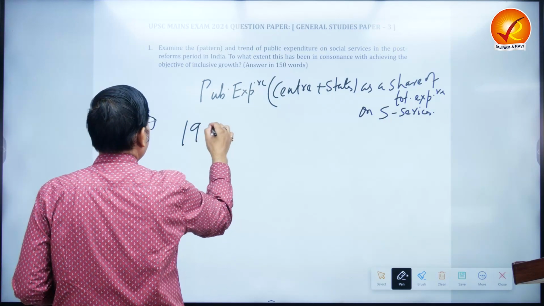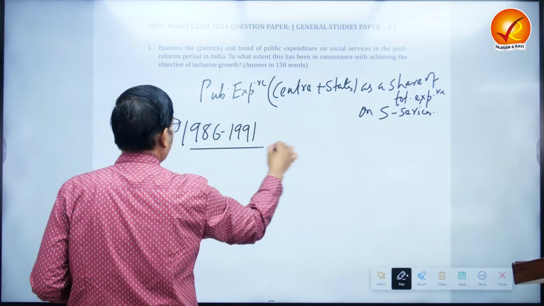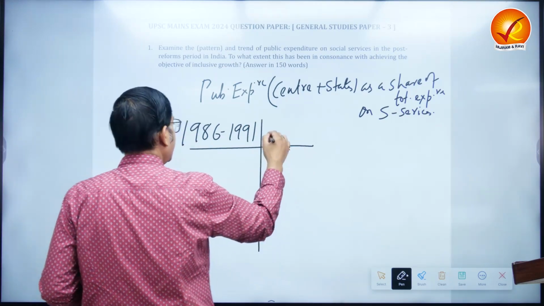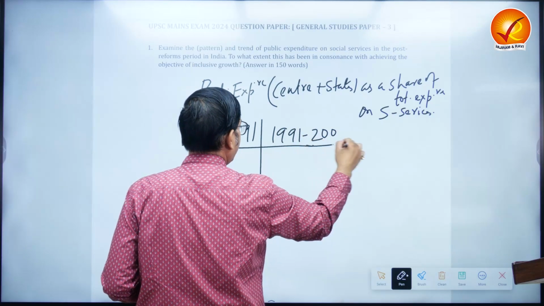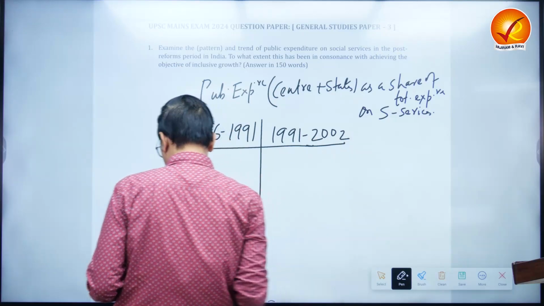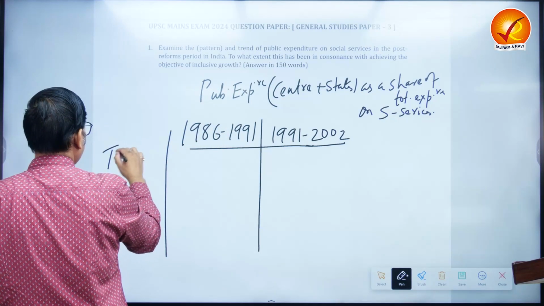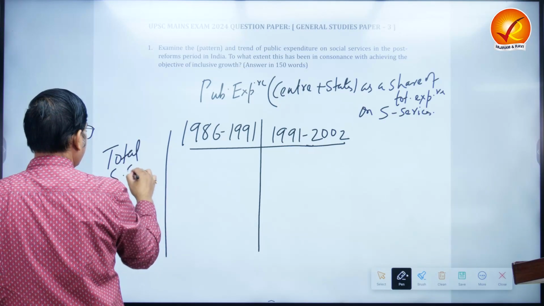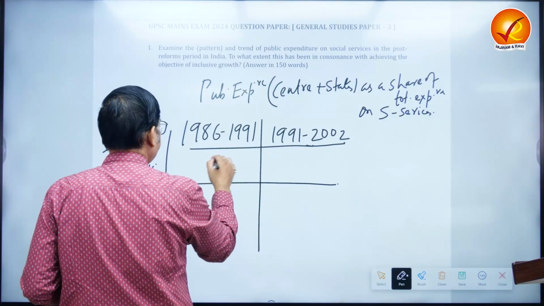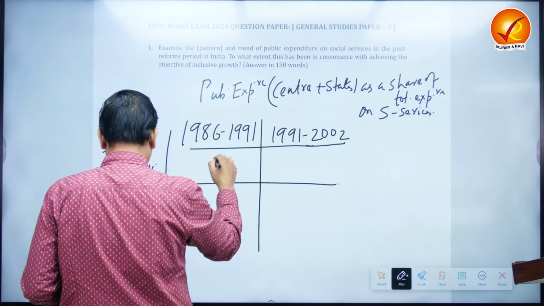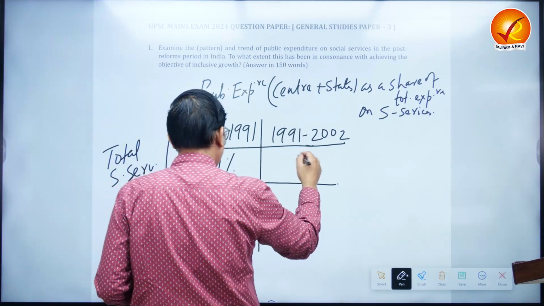So when we take just the pre-91 time period, roughly around 1986 to 91, and compare it with the immediate post-91, which is around 1991 to 2002, we find that on total social services, at least this much you can remember, there has been an increase from around 11% to about 14%.